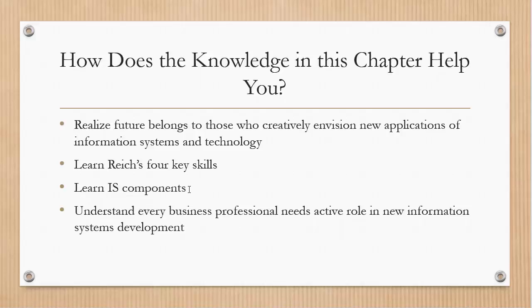I said those backwards. Each one of those components can be a course, a major in itself if you wanted to go down that path. But as business people, you'll probably just need an overview and to understand how each fits into the overall system.